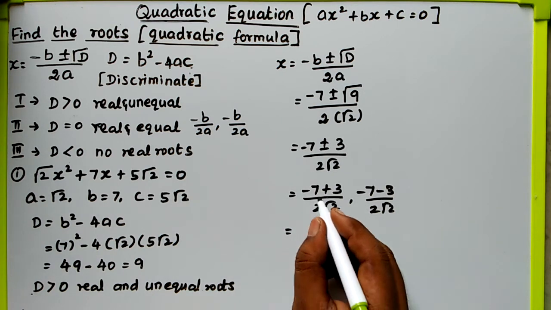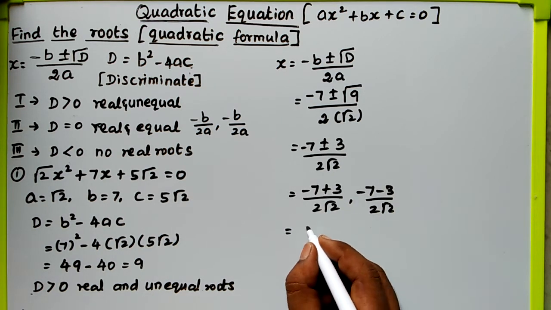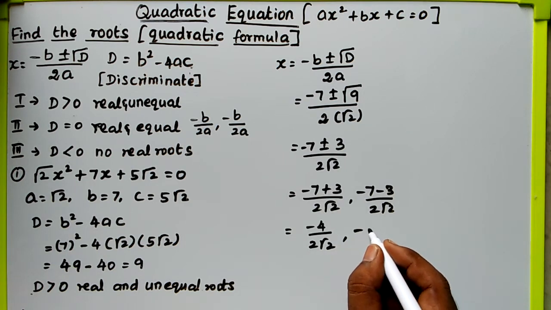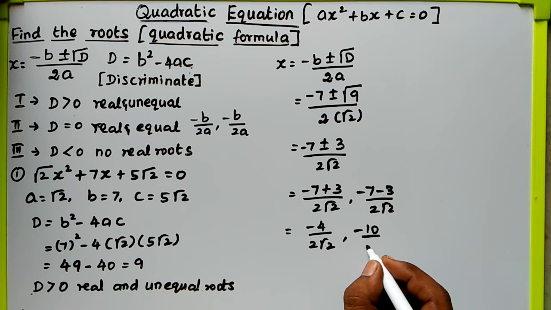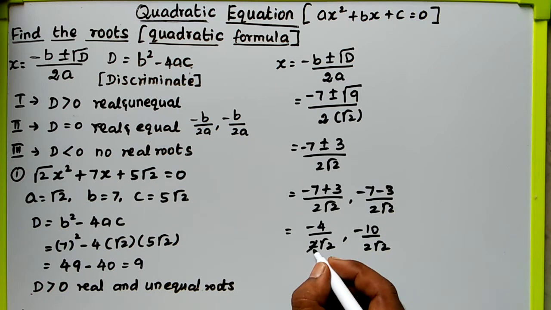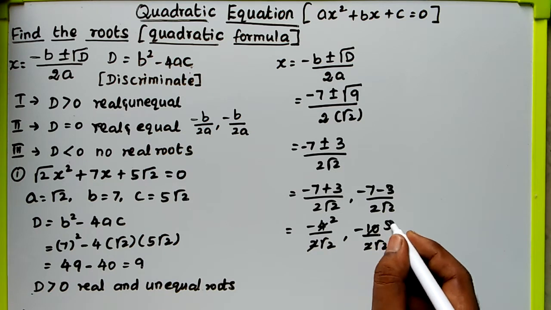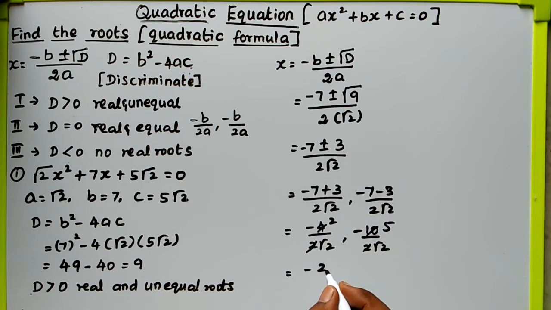We can simplify it. Minus 7 plus 3 is minus 4 by 2 root 2, and minus 10 by 2 root 2. If we simplify, we get 2 and 5. So minus 2 by root 2, comma, minus 5 by root 2.